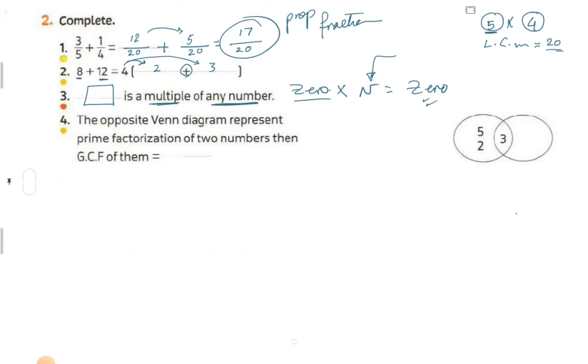So we know that the multiple of any number is 0. And we know that the GCF, or the common factor, of any two numbers is 1, because 1 times any number n equals the same number.